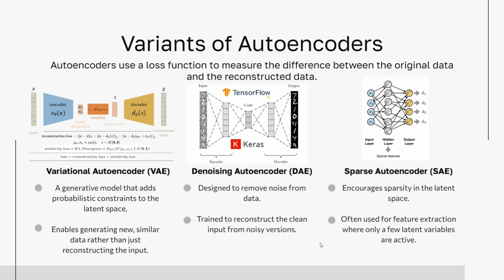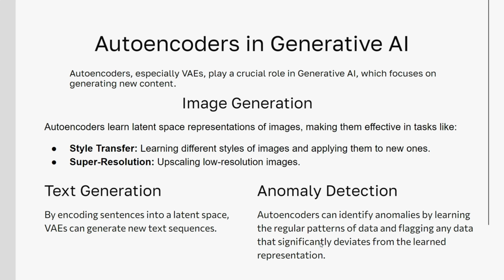Now, where are autoencoders generally used in generative AI applications? First is image generation. The first subclass of image generation where autoencoders are generally used is style transfer. So let us say I have a particular image that is painted in a particular style.